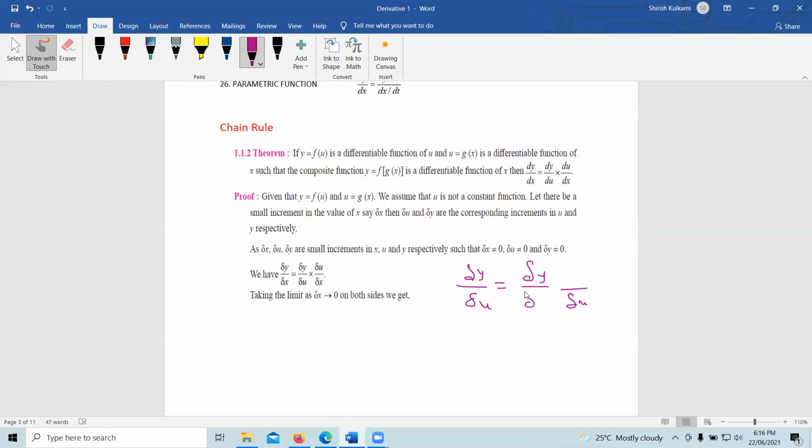Then here you have to multiply by del u and del u, means del y by del x is equal to del y by del u into del u by del x. You have to write this concept. Now see, del y by del x can be written as del y by del x.